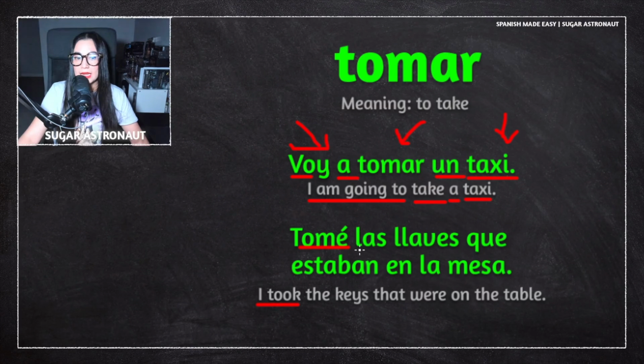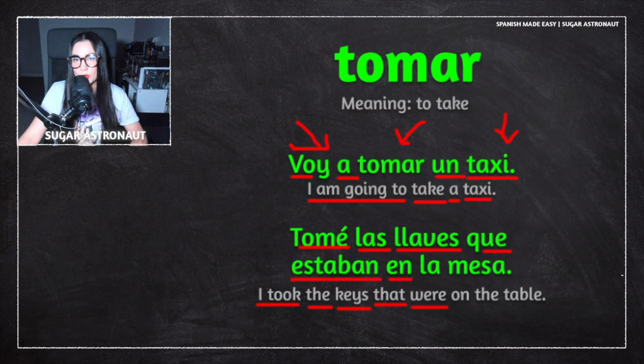Tomé the llaves. Llaves means keys. Okay. Que, that. Qué with an accent mark means what. Without the accent mark means that. Estaban, were. En is very versatile.